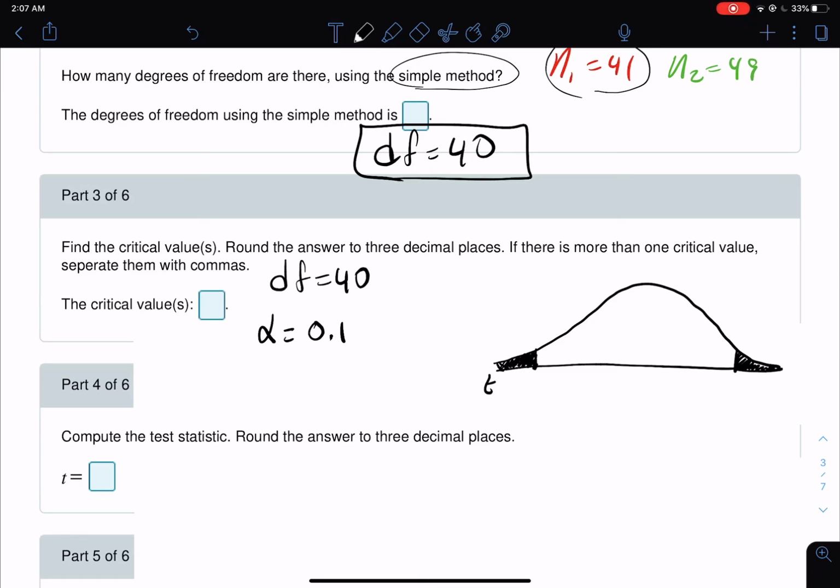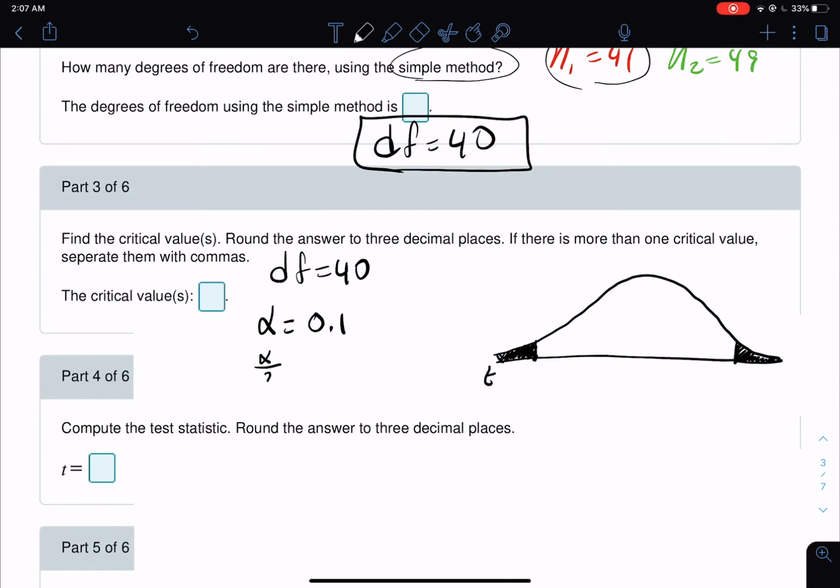Right, okay, so alpha divided by 2, and if you take 0.1 divided by 2, we get half our alpha equal to 0.05. That means this is 0.05 and this is 0.05. The two tails put together makes your alpha, or your level of significance.